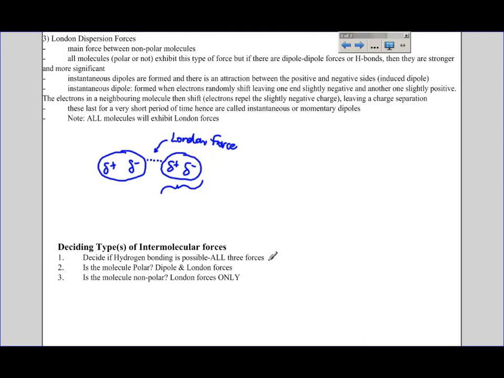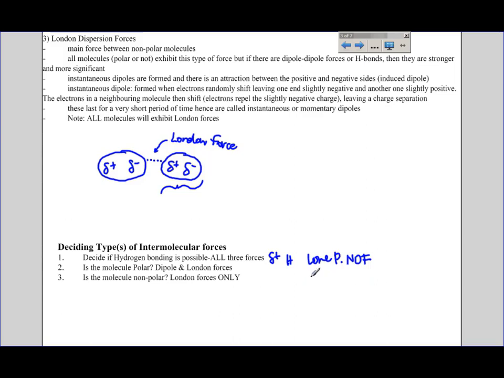Once you've got that, you can decide if hydrogen bonding is possible by deciding if it meets the very strict requirements of having a slightly positive hydrogen and a lone pair on either nitrogen, oxygen, or fluorine. If it can exhibit hydrogen bonds, then you know that all three types of intermolecular forces are possible. So if you're asked for a list, you would list all three.